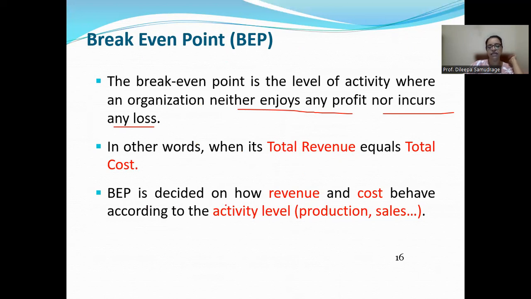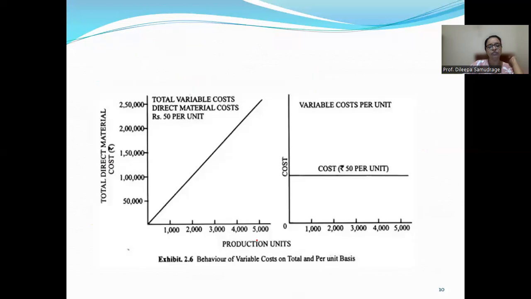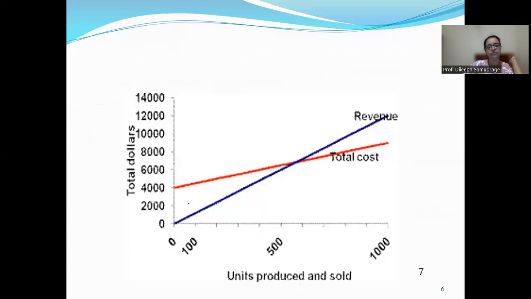Break-even point is decided on how revenue and cost behave according to the activity level, which is what I showed you earlier at the beginning.